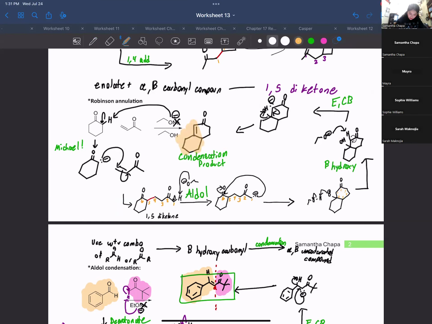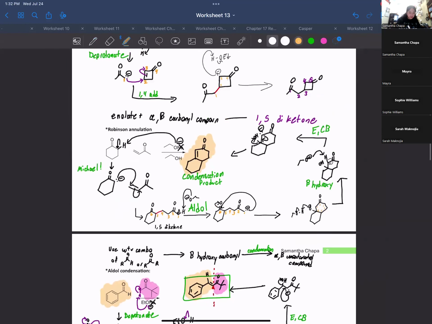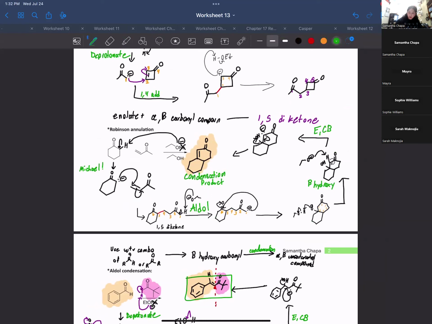Just the whole thing with all the notes for that one. I'll give you a couple seconds to screenshot that if you would like. If not, I can go back to it later.